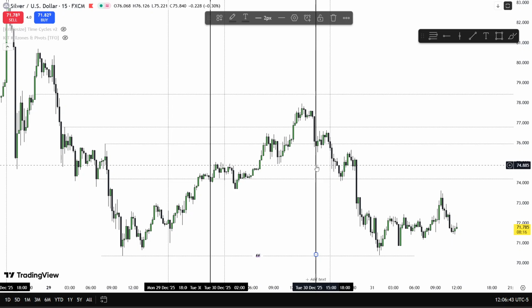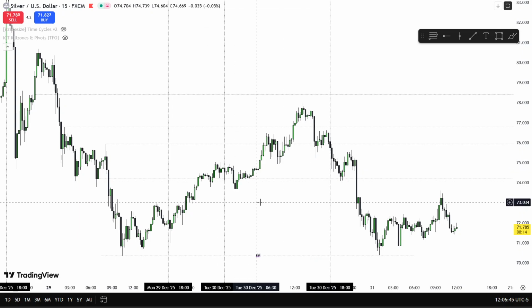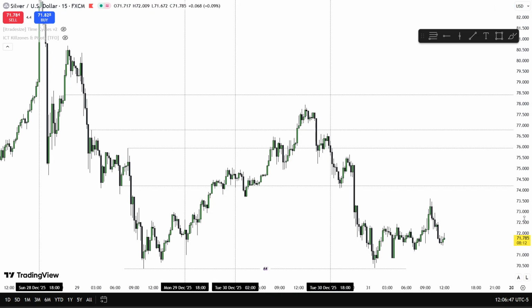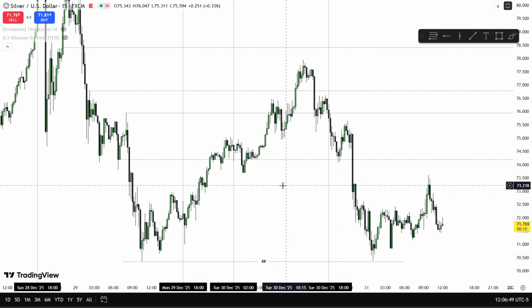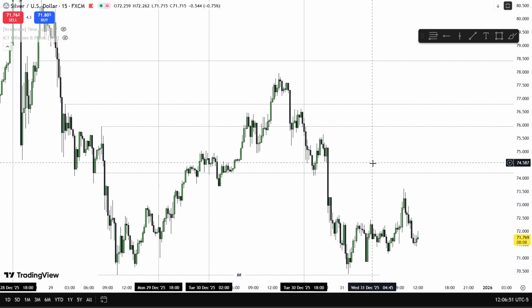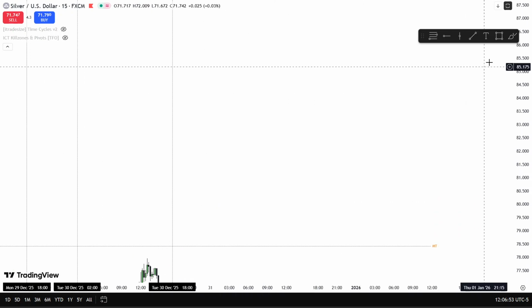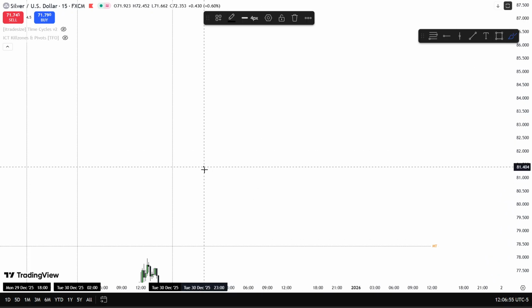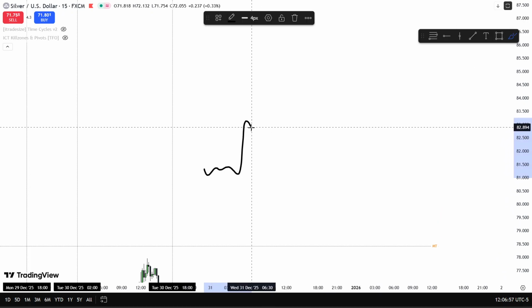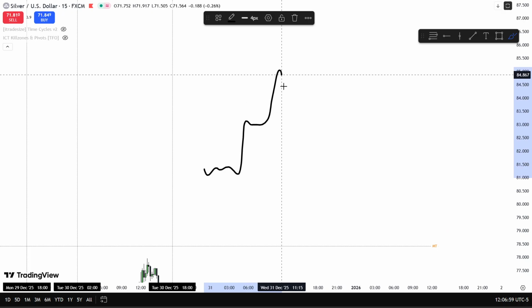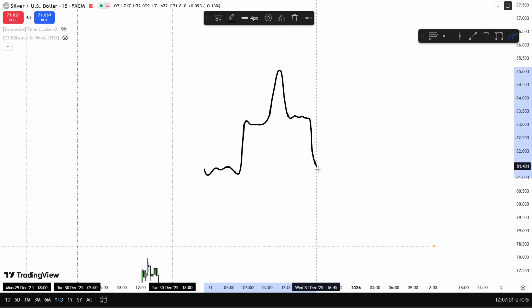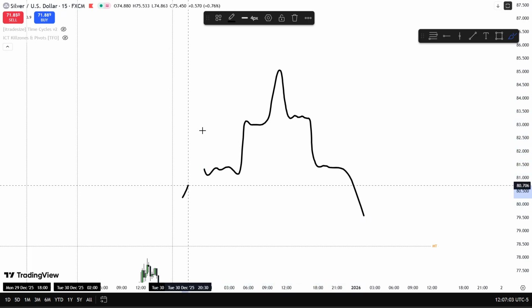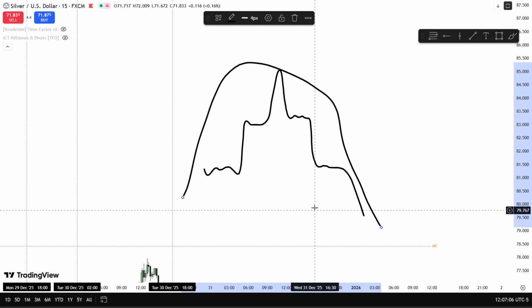So anyways, let's delete the timing elements for now. Let's discuss just price action now. Market maker is this, guys. This is market maker sell model.